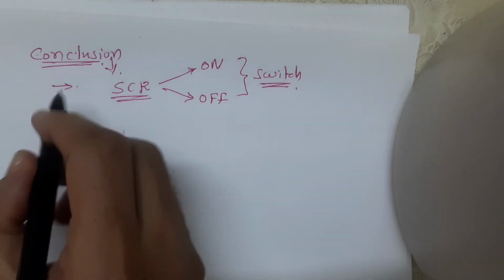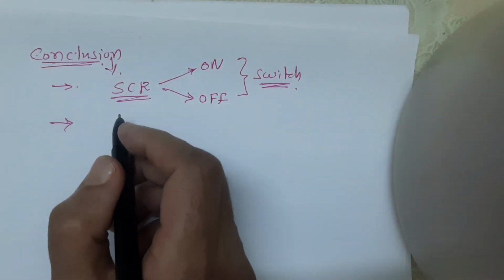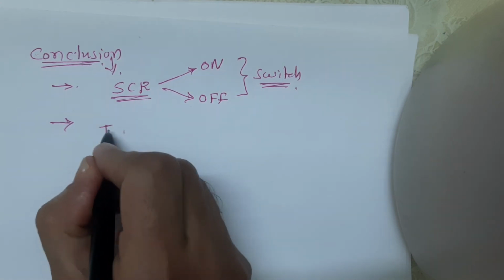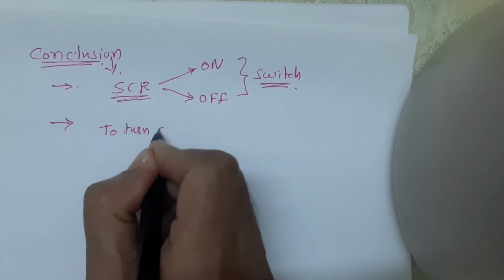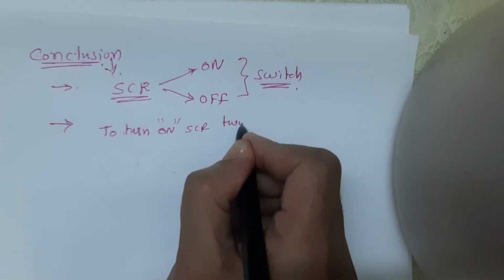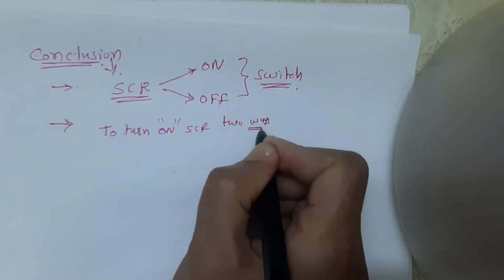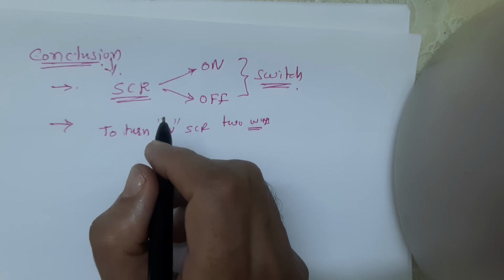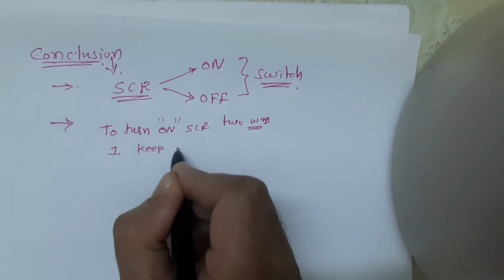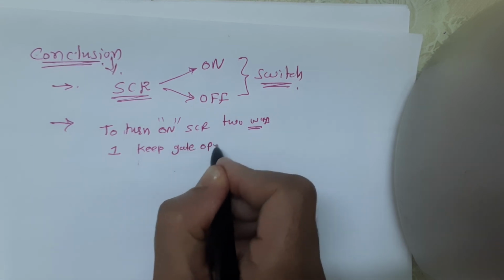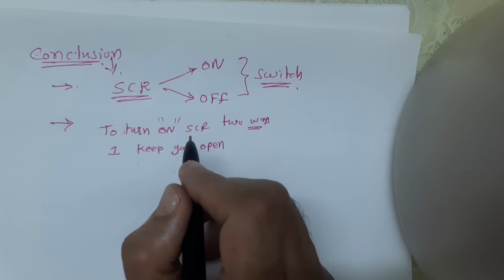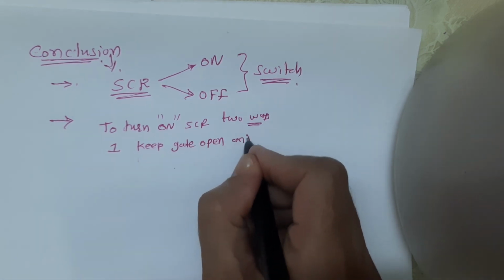The second conclusion is there are two ways to turn on the SCR. The first method is to keep the gate open and make the supply voltage equal to the breakover voltage.